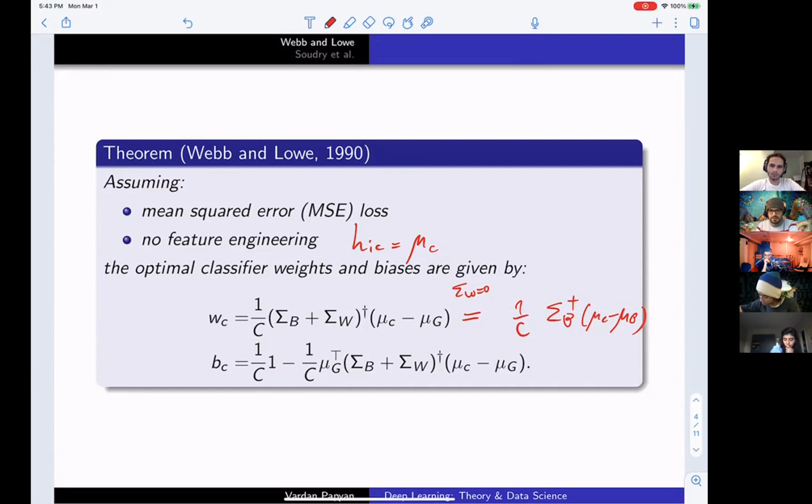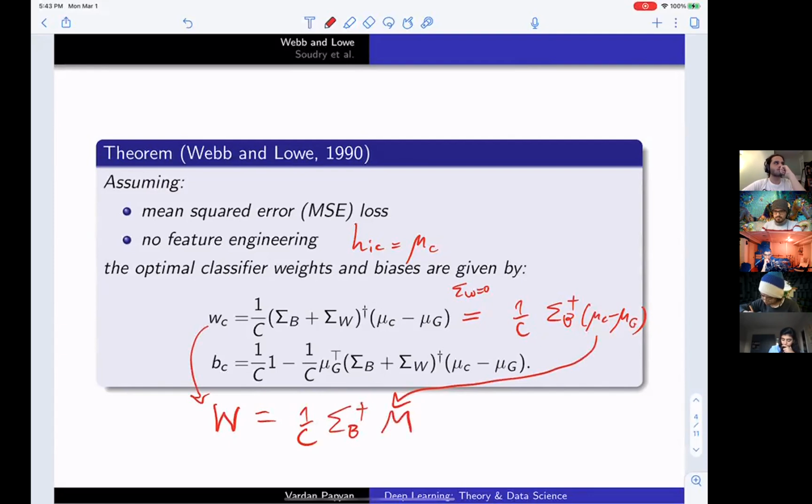Does this look correct? Now, let us write this equation by stacking all of the classifiers next to each other into a matrix W. And I'm going to stack all of these mu c minus mu g into a matrix M, right?